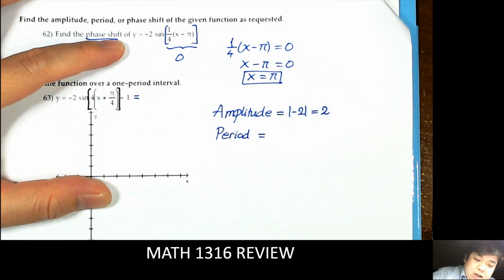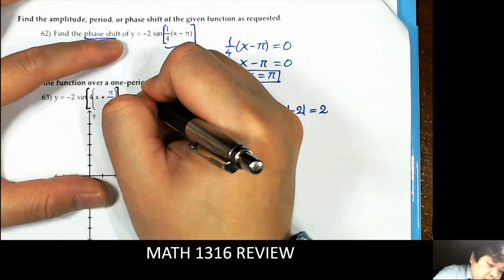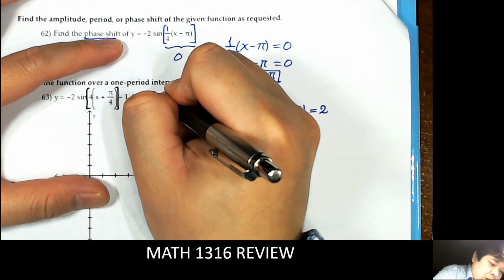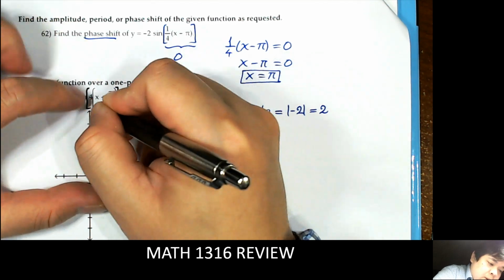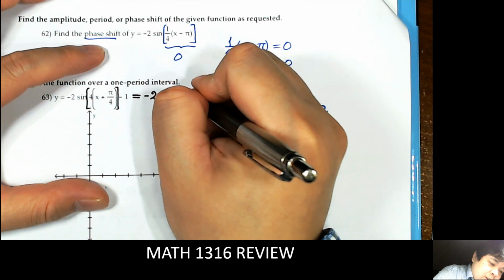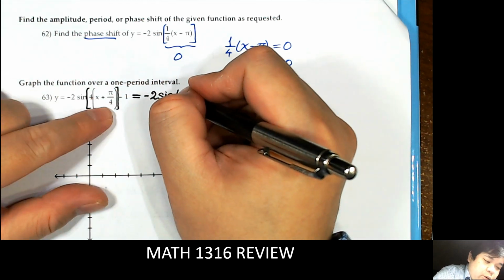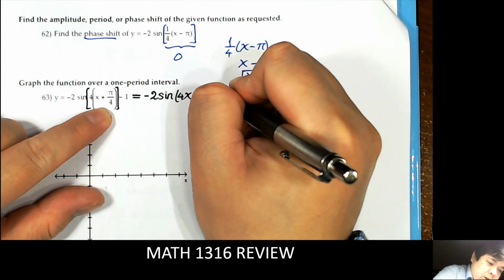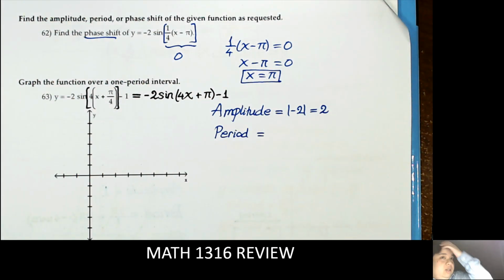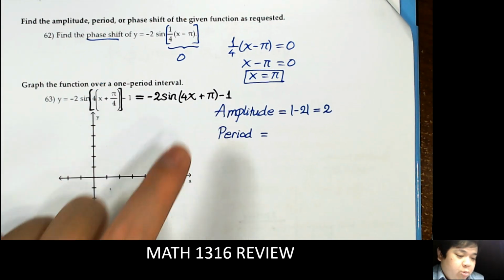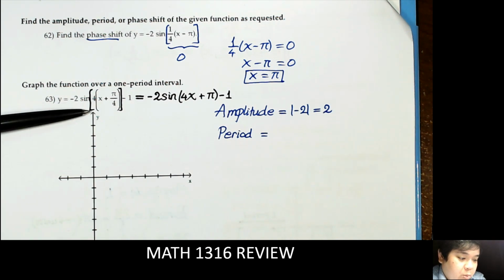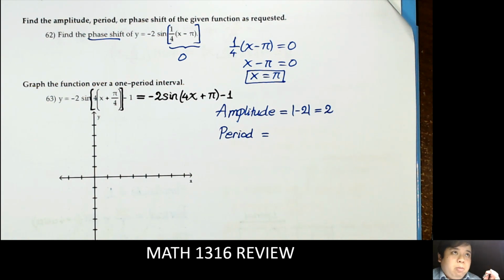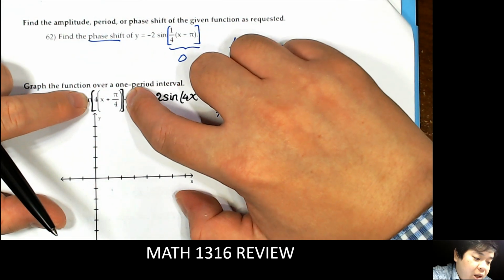So this becomes the function -2 sine of 4x plus 4 times pi over 4, minus 1. So we should do that. It will be easier to see. Remember, sine of 4 times x plus pi over 4, so it's the whole thing there.